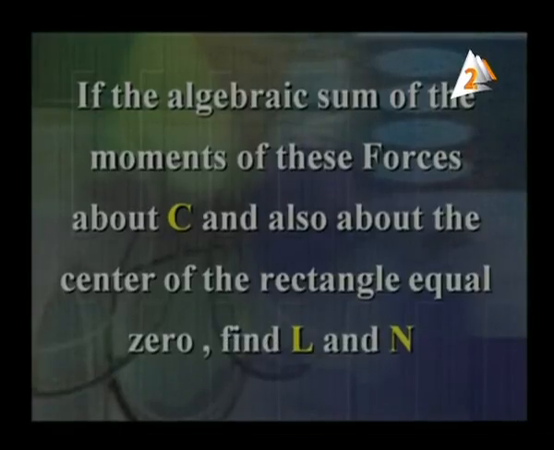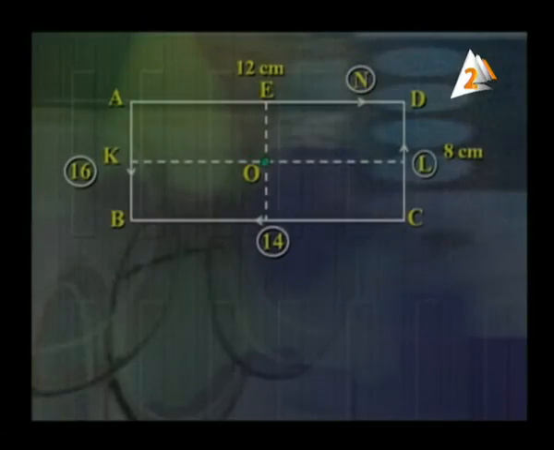From the figure we say OE equals half of AB, which is equal to 4 centimeter, and OK equals half of BC, equal to 6 centimeter.